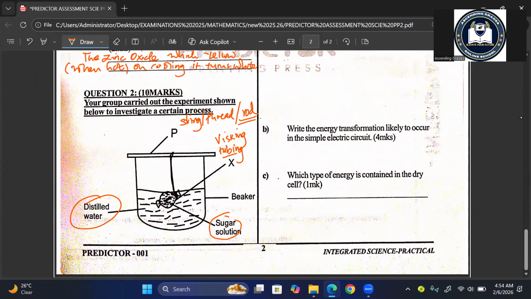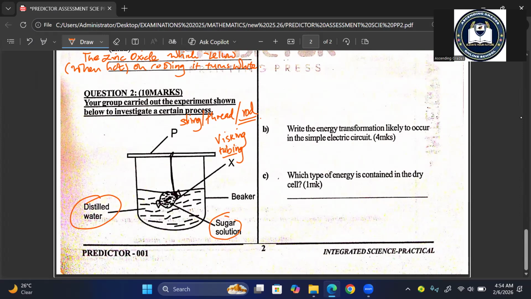Because we do expect water molecules to be moving from the beaker into the Visking tubing, from a region of high concentration through the semi-permeable Visking tubing membrane into the sugar solution part. Therefore, we expect the water to decrease in the beaker.